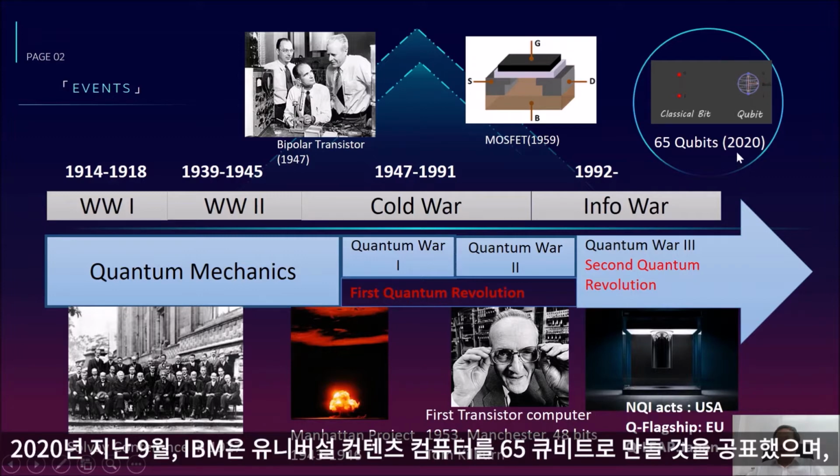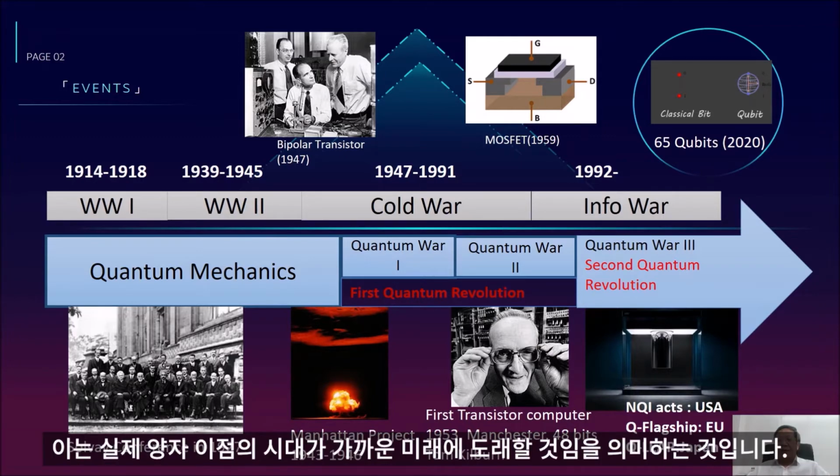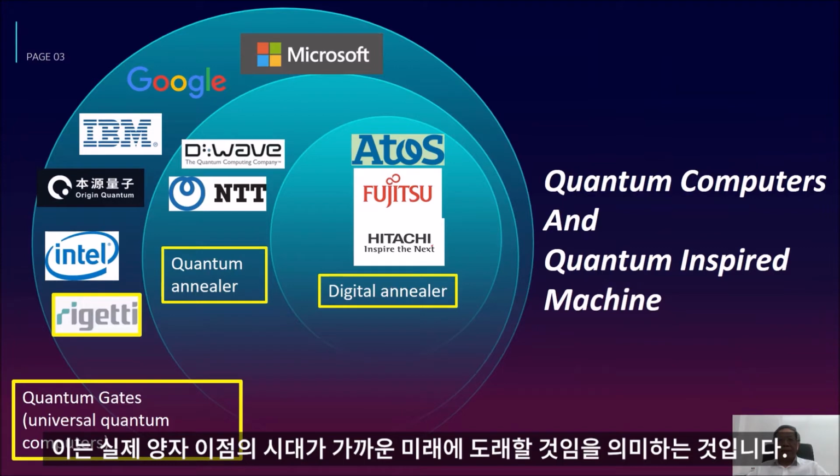Only last September 2020, IBM announced a universal quantum computer with 65 qubits, and that means the quantum advantage year will arrive very soon.